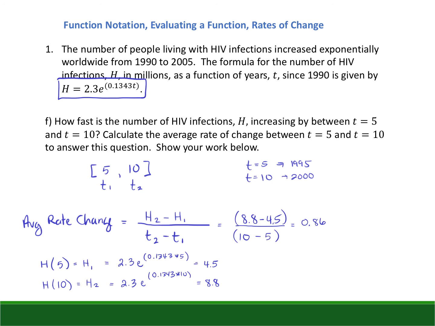So between 1995 and 2000, the number of HIV infections increases, and it's positive, by 0.86 million HIV cases per year. It's really important that we write per year because it's a rate. A rate is always some unit per some other unit.